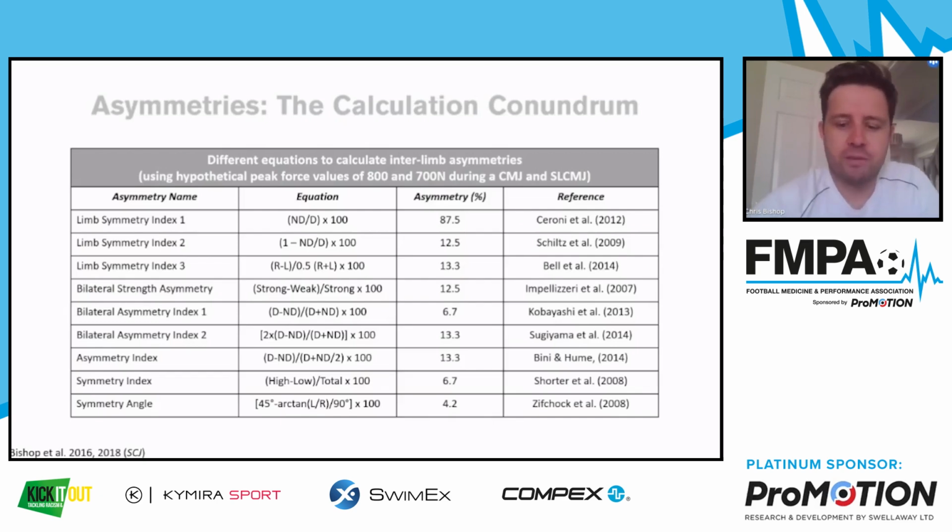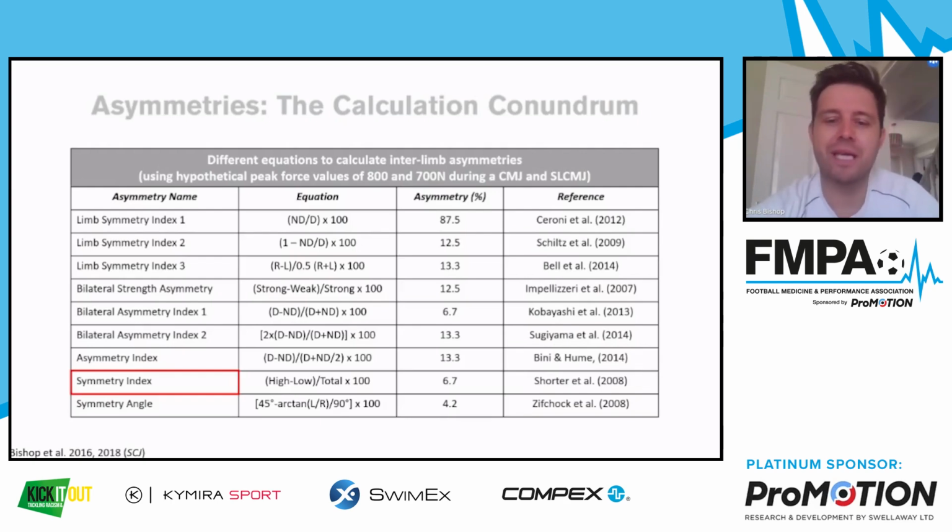So if we jump forward, given that the reason we're presenting this is to try and come up with some kind of solution, what we've suggested is that if you're interested in calculating asymmetry from a two-legged test, like an isometric mid-thigh pull or a countermovement jump, remembering that in that grey box our peak force is our metric of interest, then we think that either the symmetry index or the bilateral asymmetry index 1, which gives you the same outcome in this instance, are the correct equations to use.